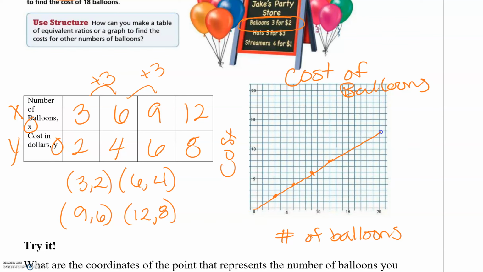If our line continues, and we have a nice straight line, it should work out where we could just look over here at 18 and follow that line up. That's kind of where we should go. So it should hit our line.